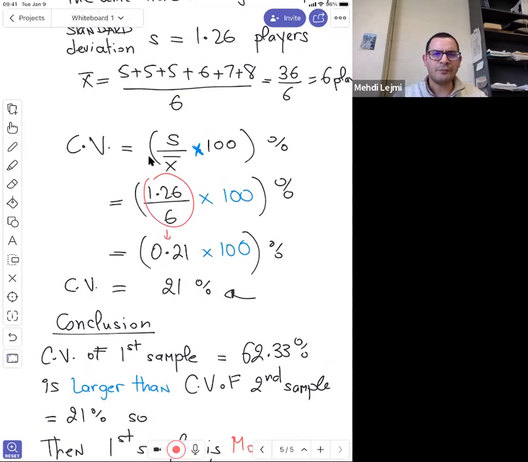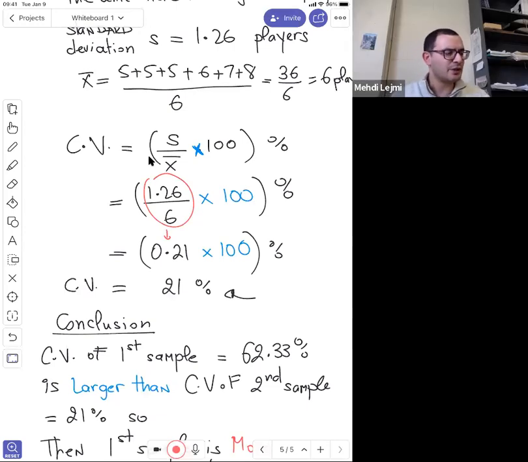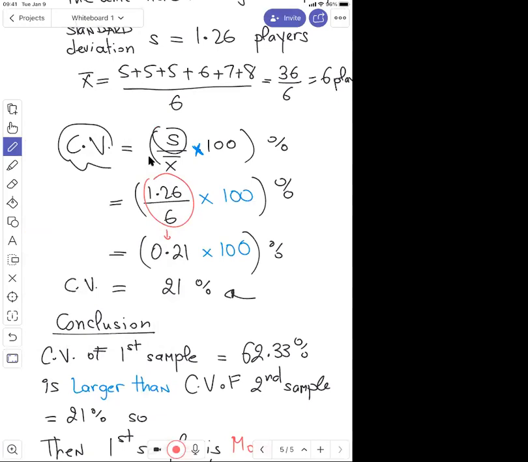For homework number 3, you're going to need the standard deviation, but we discussed the standard deviation last week. So this is not related to homework number 3. It's something completely different. It just looks similar because we are using the same information, the standard deviation S, but this coefficient of variation is not in homework 3.